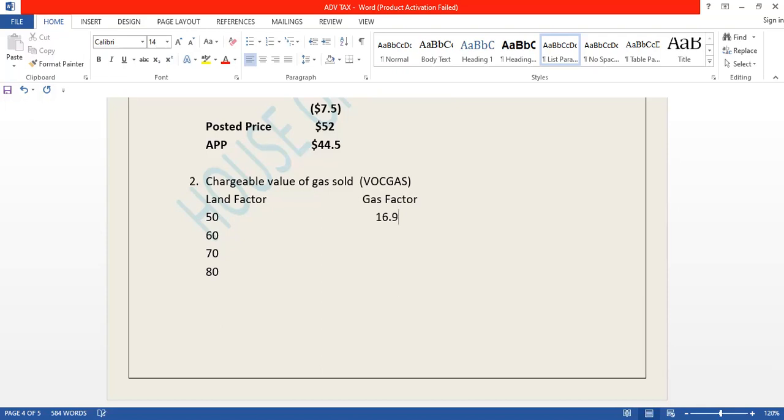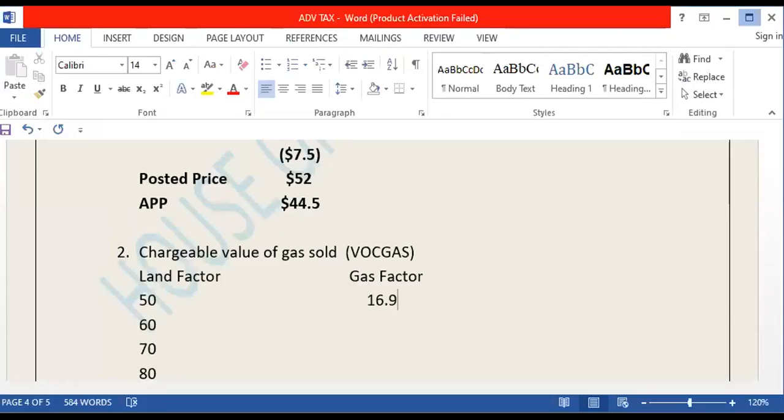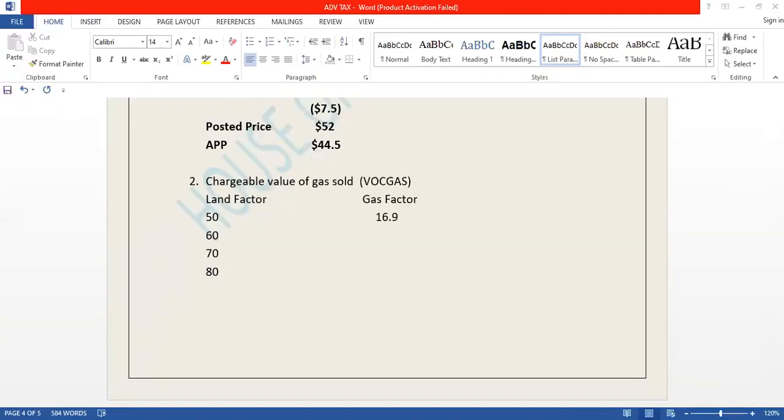For the one of gas factor, you start from the highest to the lowest. The other one we start from the lowest to the higher, which is 50 to 80. Then this one will come down.